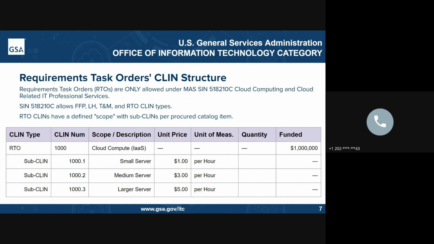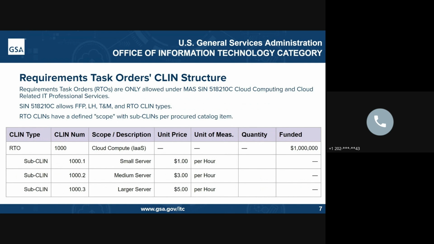This is a high level scope that provides an overarching umbrella of what will be allowed under the requirements task order. You'll notice that there is no unit price, unit of measure, or quantity listed. There is, however, a funded amount, and that funded amount is for the top level requirements task order.